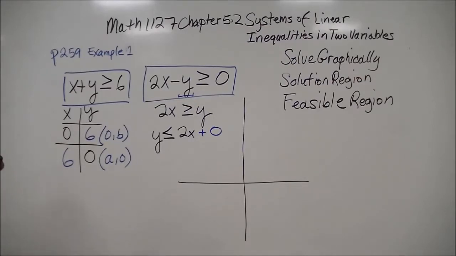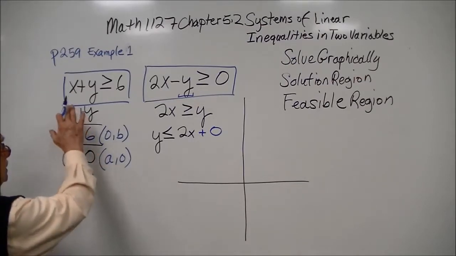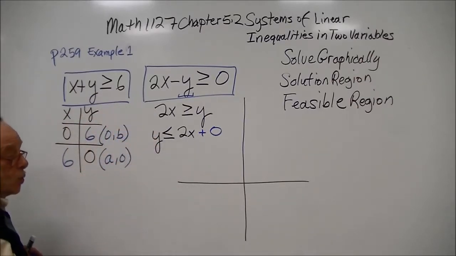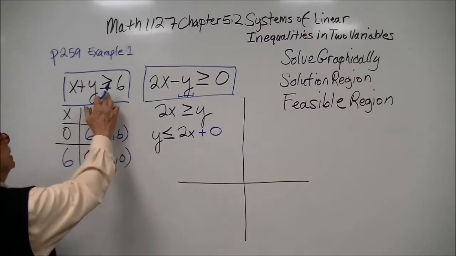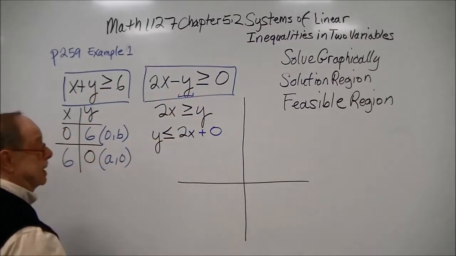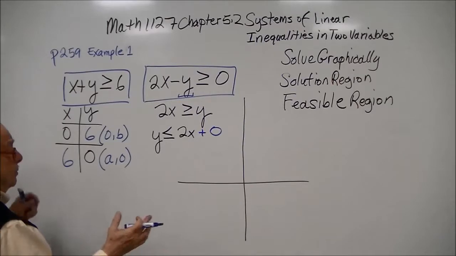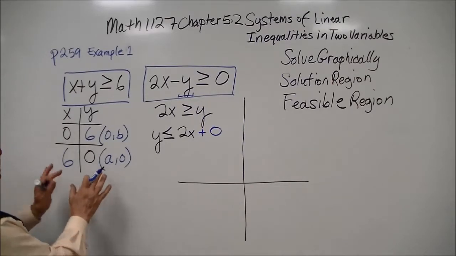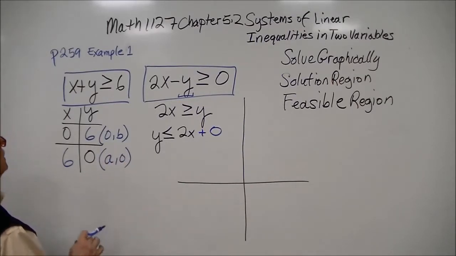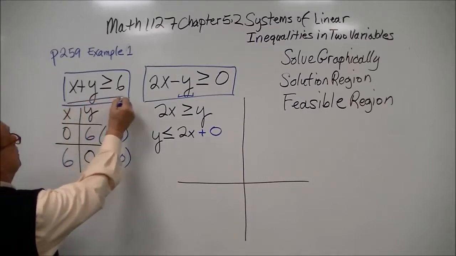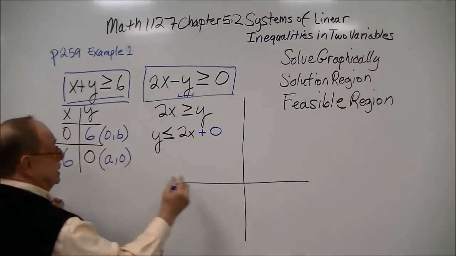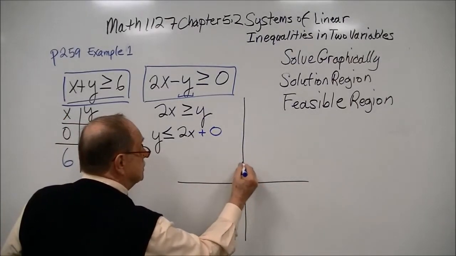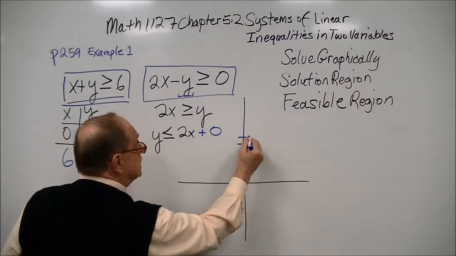But notice what we've done so far is we've solved these as if they were equations. And we're just going to get lines, and because it also is equal, they're solid lines. But we have to do some shading. But let's get the solid lines in there first. And we'll color code it. We'll make this one a blue line. So, 0, 6. 1, 2, 3, 4, 5, 6.